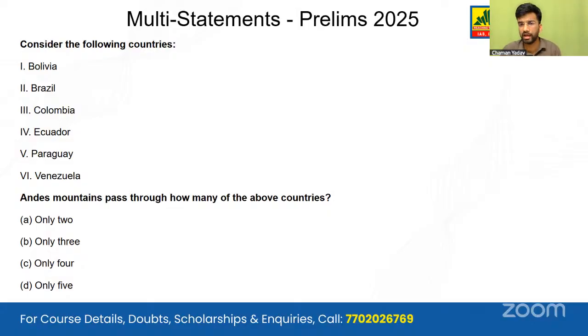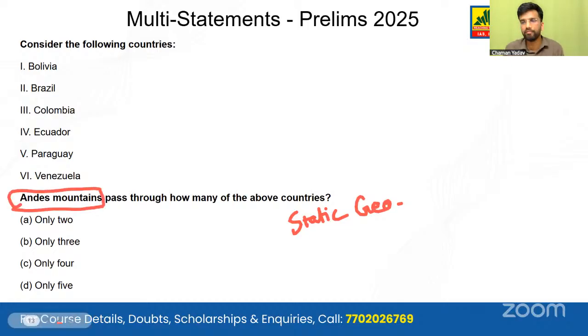Consider the following countries. It's a static, geography based question. You have to know in which of the countries the Andes mountains pass through. So even if we know 1 or 2, we cannot eliminate the answers here. We know that Brazil is not there.